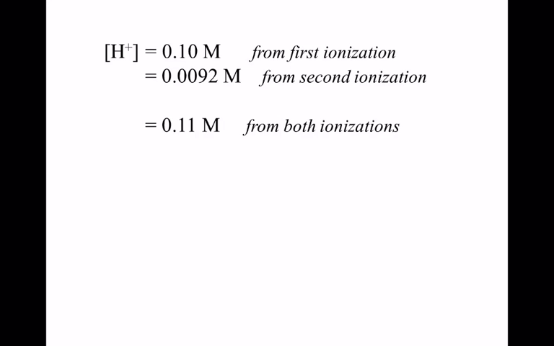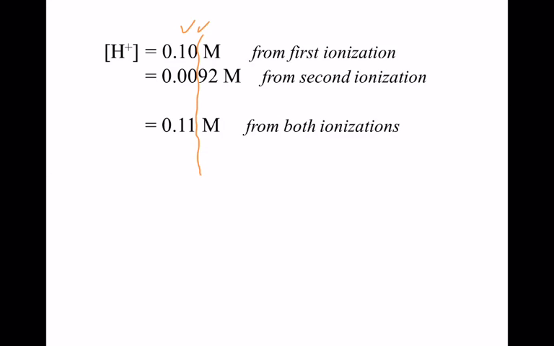When we round to 2 decimals, instead of the first ionization bringing a molar concentration of 0.10, you get 0.11. That would be the answer, and you would get 0.11 regardless of which one you went with.